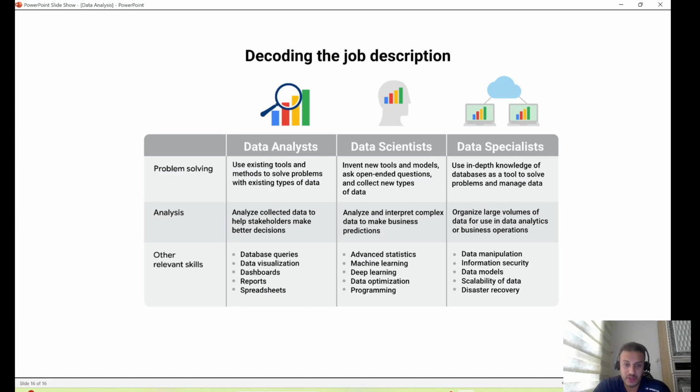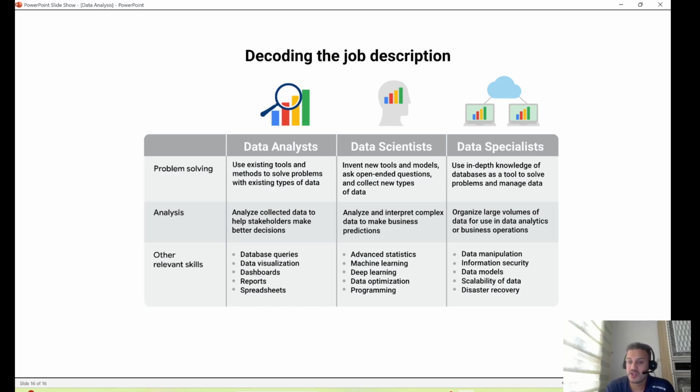For data analysts, the problem solving uses existing tools and methods to solve problems with existing types of data. Data scientists invent new tools, and data specialists use in-depth knowledge of databases. So for data analysis, you don't need to invent; you use the existing tools. For data science, it's inventing new tools and models.